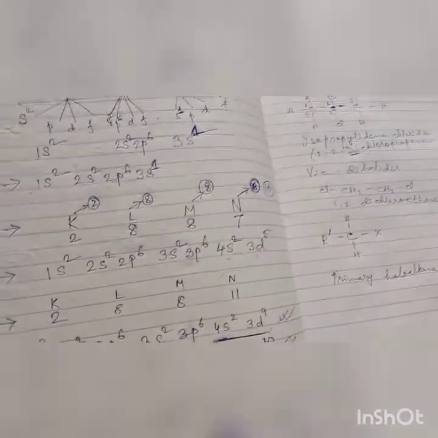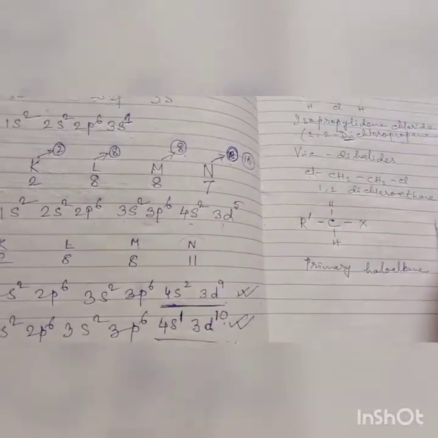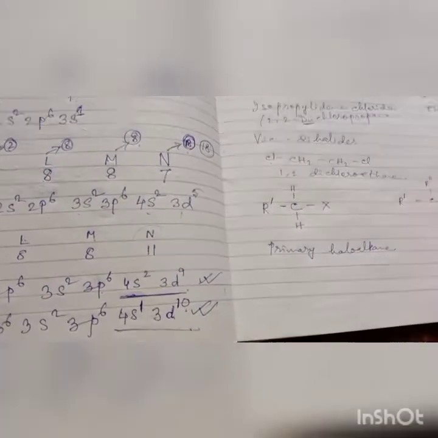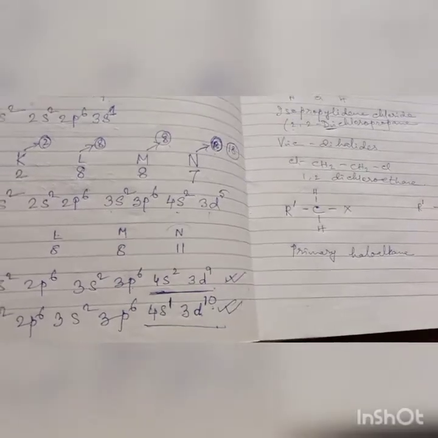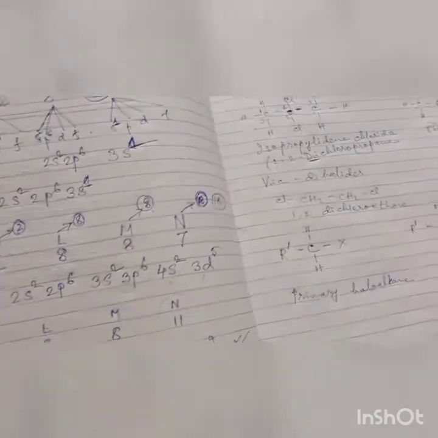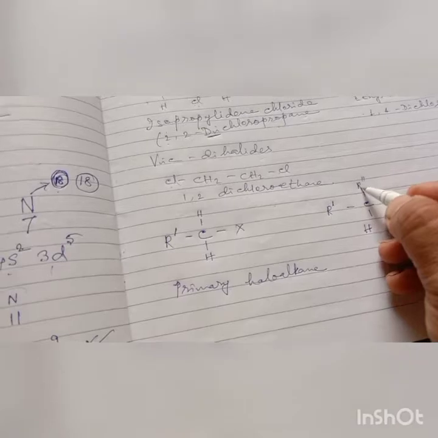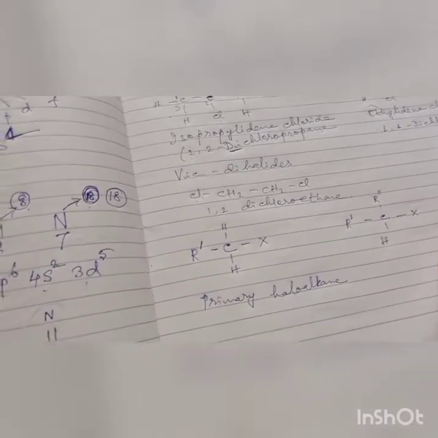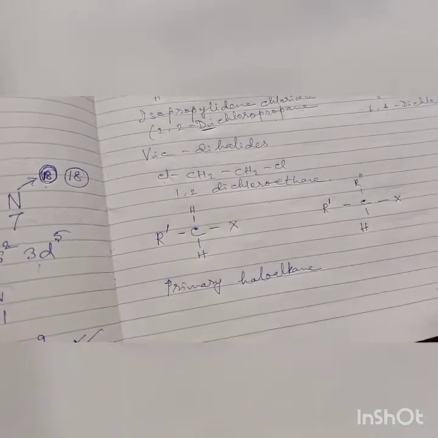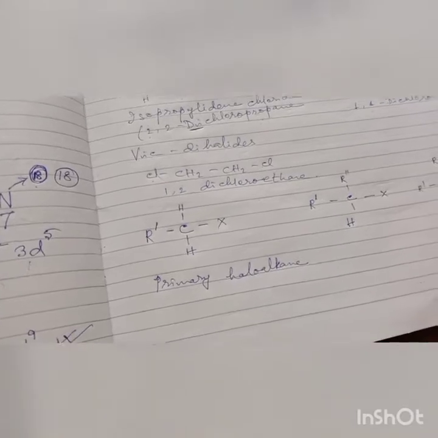For secondary haloalkane, put two alkyl groups, that is R', R'', X for the halogen group, and write H for hydrogen. This is secondary haloalkane because it contains two alkyl groups. And tertiary haloalkane contains three alkyl groups.